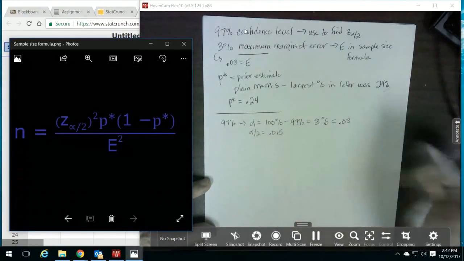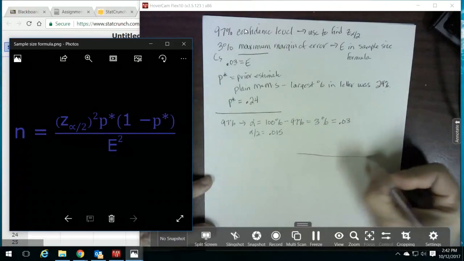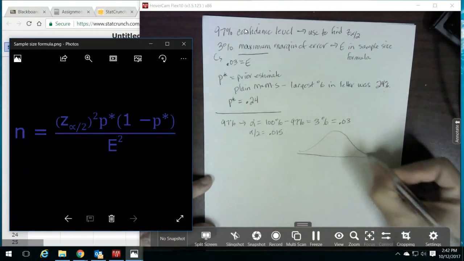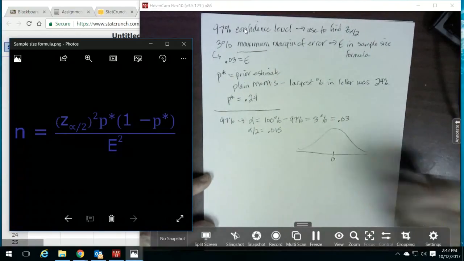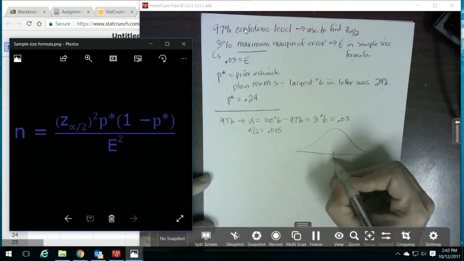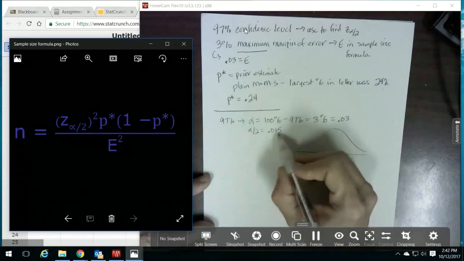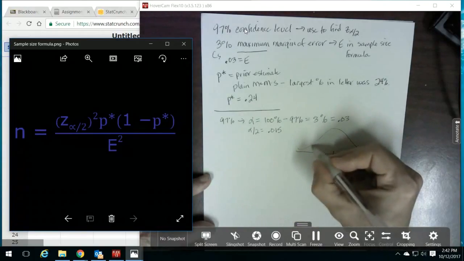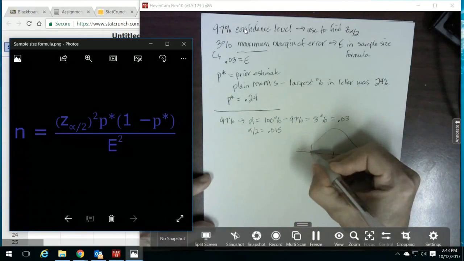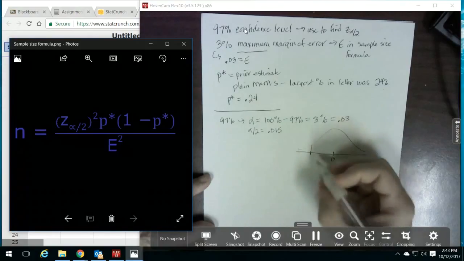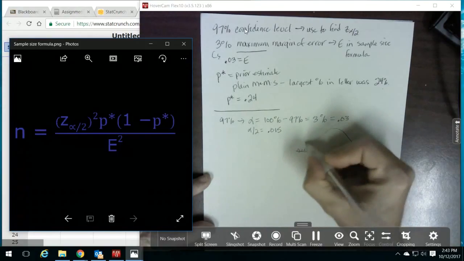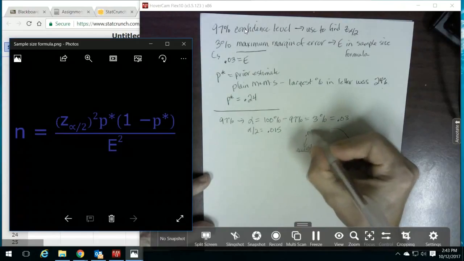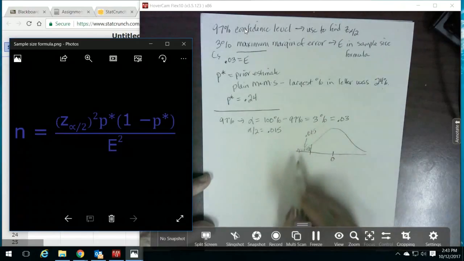To find the z-score that goes with this, since we're talking about standard normal distribution, here's my picture. I've got my normal distribution with 0 in the middle, since that's the mean. The easiest way to do this is find the cutoff value in the left tail, so that the area in the left tail is my alpha over 2.